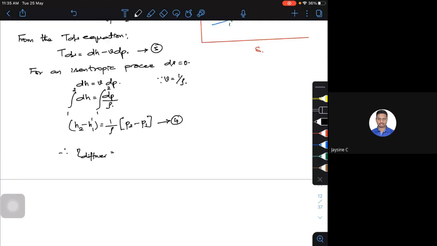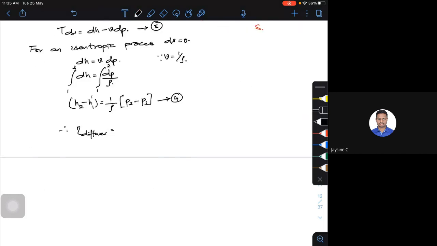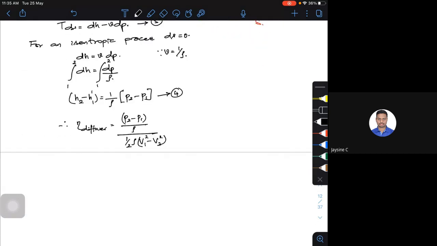I will substitute for this H2 minus H1 dash as P2 minus P1 by rho, divided by 1 by 2 V1 square minus V2 square. So V1 square minus V2 square.